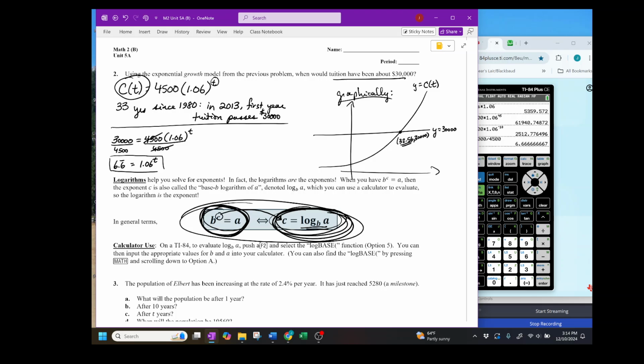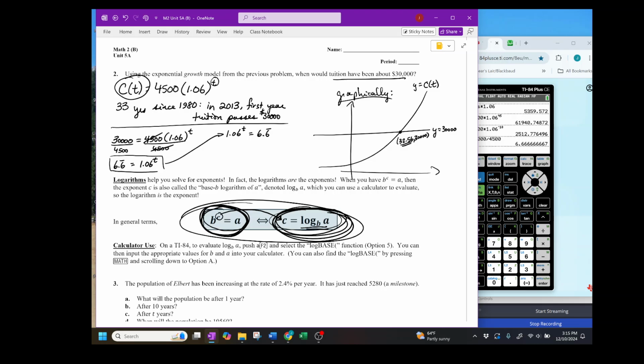So in this problem, let me rewrite it so it looks like b to the c equals a. It's 1.06 to the t equals 6.6 repeating. In this format, b is for base, the base is 1.06, the t is the c, and the a is the 6.6 repeating.